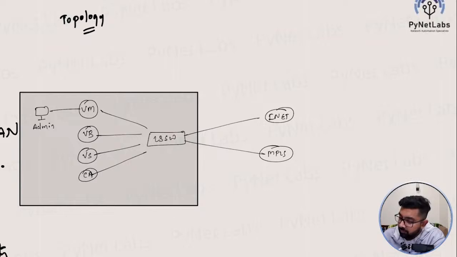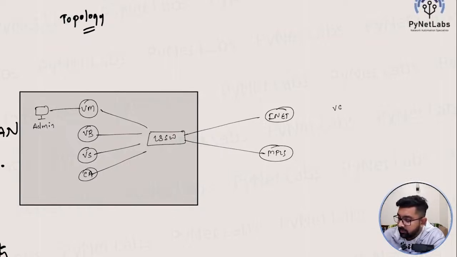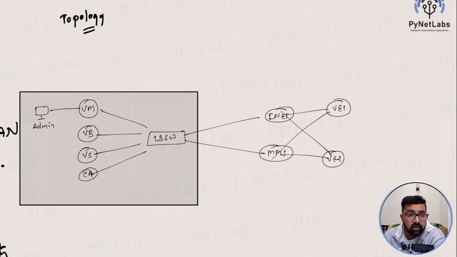Then we would be managing some sites. We have vEdge number 1 and vEdge number 2 that connect to both iNet and MPLS. So we have device redundancy as well as link redundancy available in one of our sites, and I'm going to keep both of these vEdges on one side.